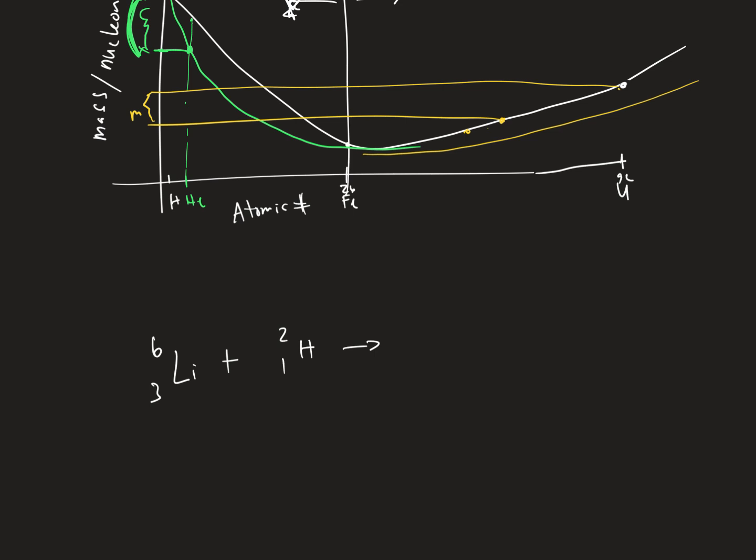What's the mass number of our new product? 8. And what's the atomic number of our new product? And so what is our new product? Beryllium. Okay? That's all you got to know how to do, guys.